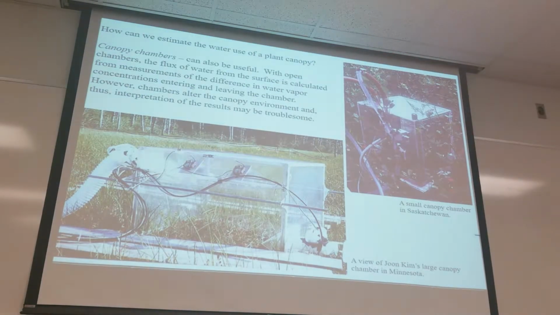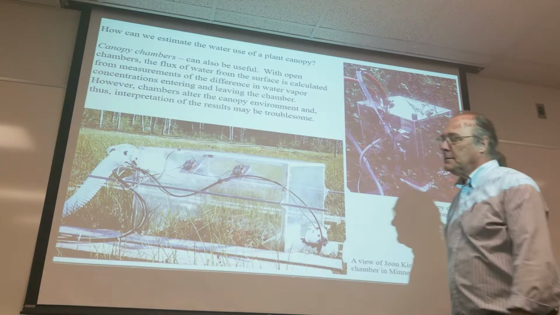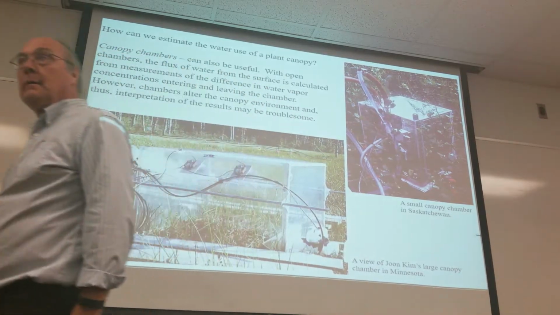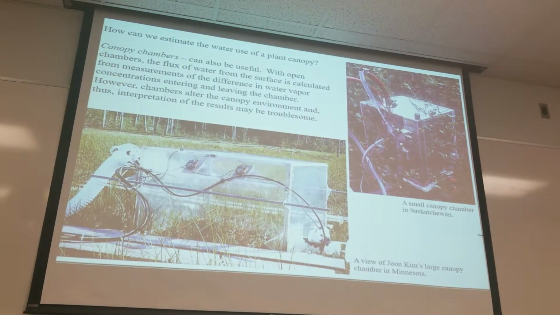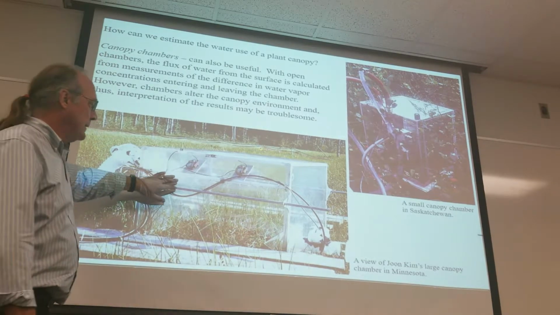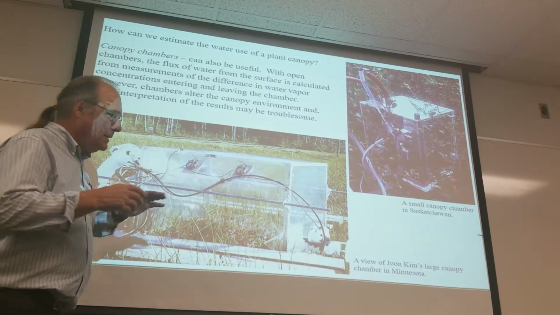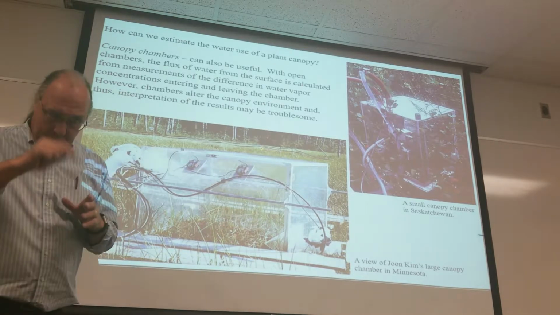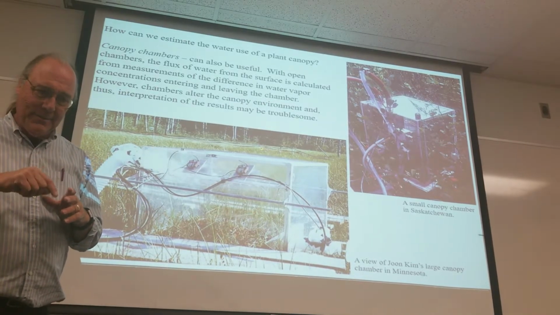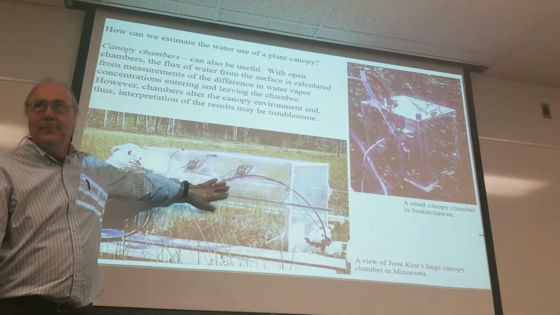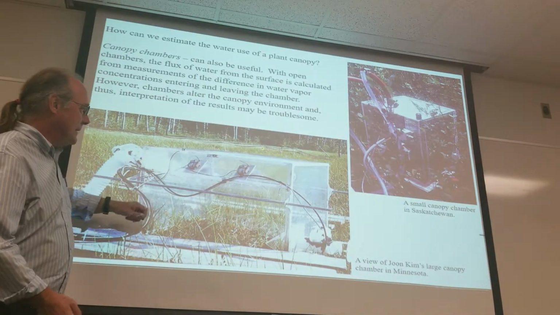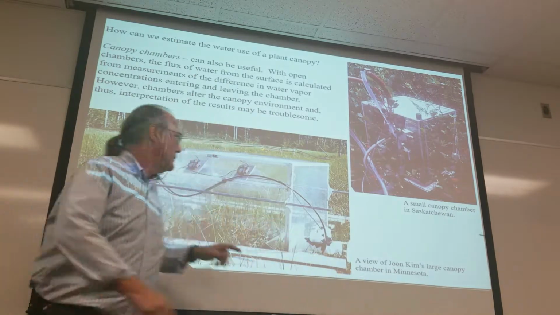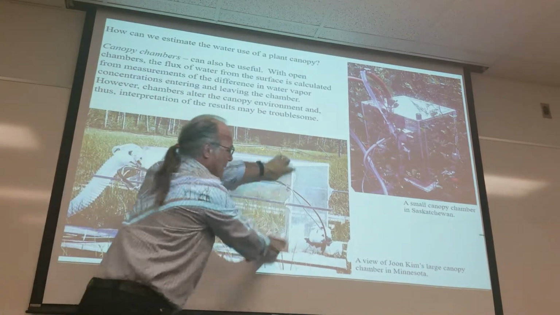Okay, so another way is to use a canopy chamber, right? So here's Jun Kim's chamber that he used when he was here in Minnesota. Jun Kim got his PhD from Nebraska. When he was here doing that, he had a site in Minnesota that he used this big chamber in. And so this thing is maybe 2 meters by 1 meter by 1 meter.